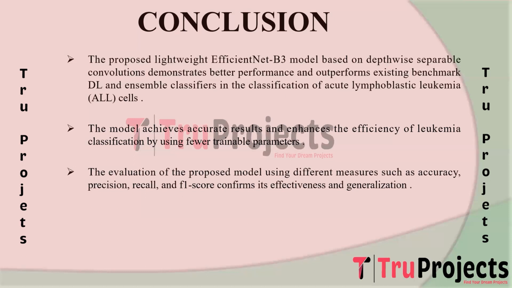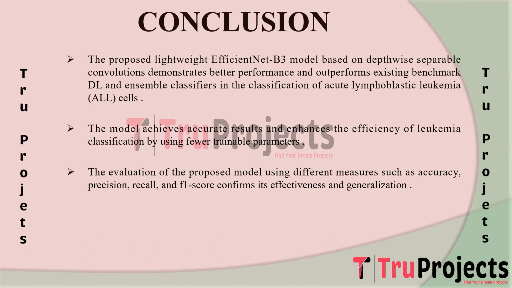The proposed model's effectiveness is evaluated using various measures such as accuracy, precision, recall, and F1 score. Accuracy is the ratio of correctly predicted cases to the total cases. Precision is the proportion of correctly identified positive cases out of all predicted positive cases.